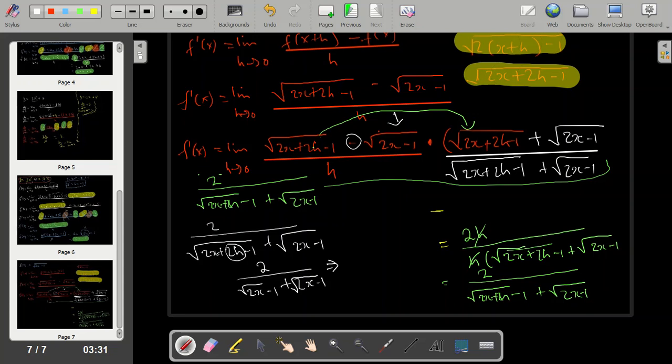So the final answer is going to be 2 over 2 root over 2x minus 1. Then these 2 and these 2 can cancel out, so that you just remain with 1 over the root of 2x minus 1, and this will be the final answer.